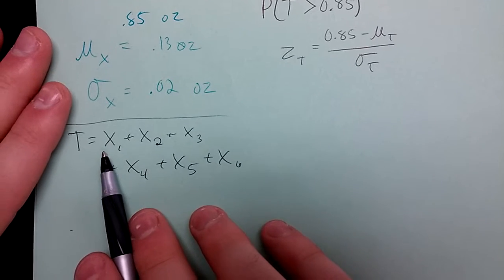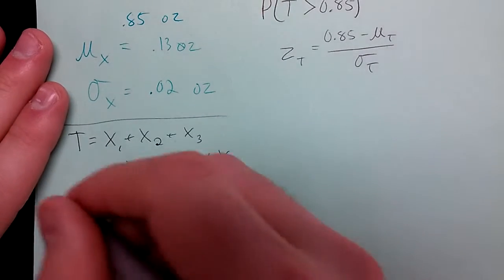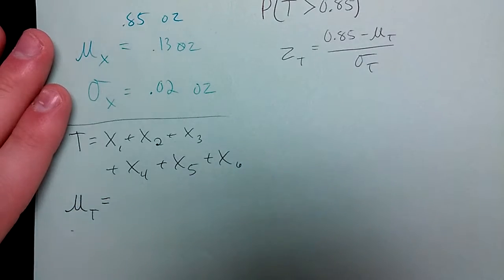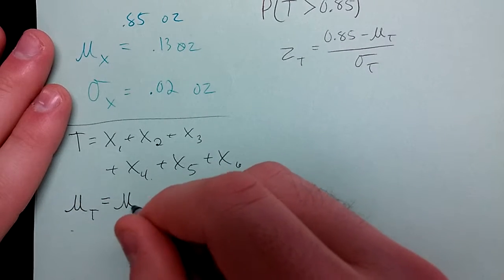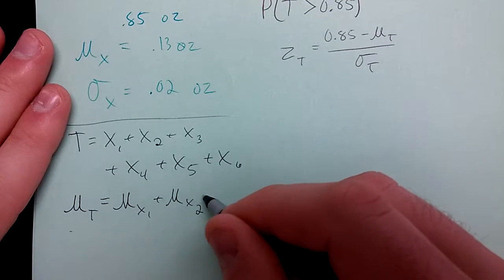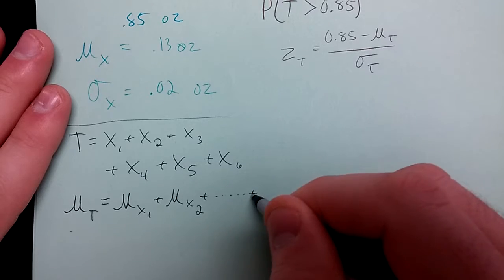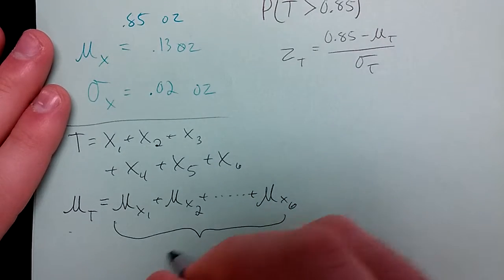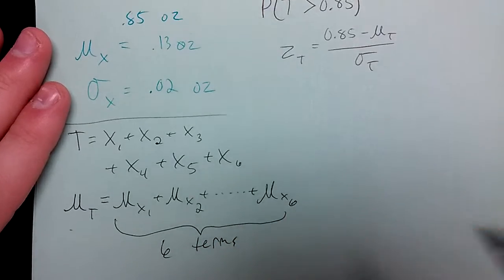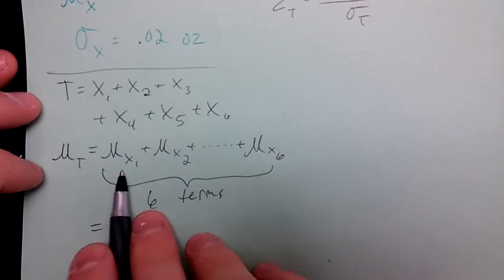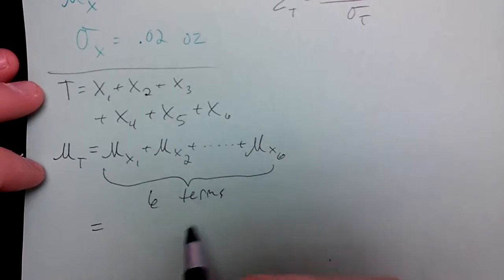If you have adding across your random variables, to find the mean of the sum, you add all the means. So it's mu X1, mu X2, and so on, all the way up to 6. There are 6 terms here. Each term is exactly the same as far as the mean goes: 0.13, 0.13, 0.13, 0.13, 6 times.